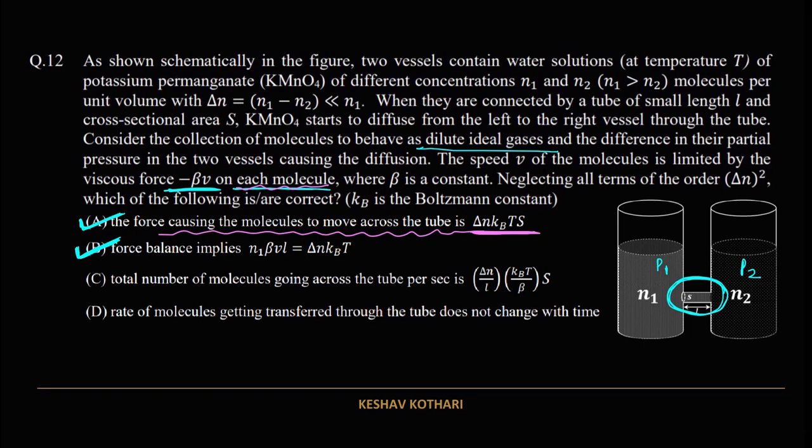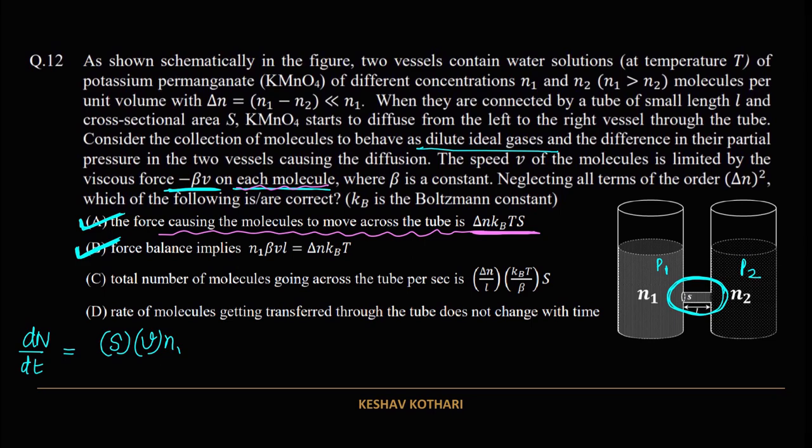The next is the total number of molecules going across the tube per second. So we are asked to calculate dN by dt. The molecule that is crossing per second is equal to dN by dt. So that is equal to cross sectional area into velocity of each molecule into n1.